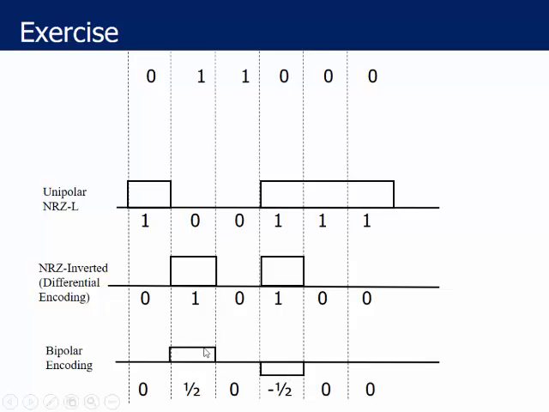So one time positive and next time negative. When it comes to another high value, it'll be positive half, and next time a high value, that will be negative half, and so on and so forth. Alright, this is the bipolar encoding.